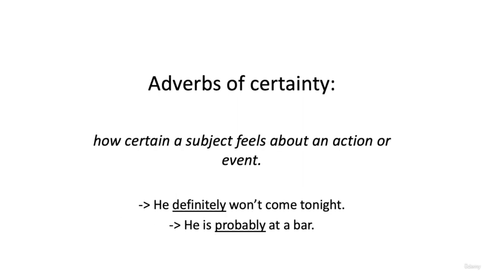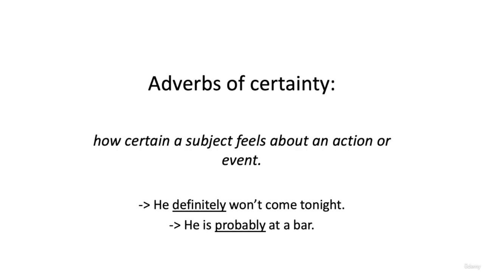Adverbs of certainty express how certain a subject feels about an action or event. Adverbs of certainty are used before the main verb unless the main verb is to be, in which case it's placed after.